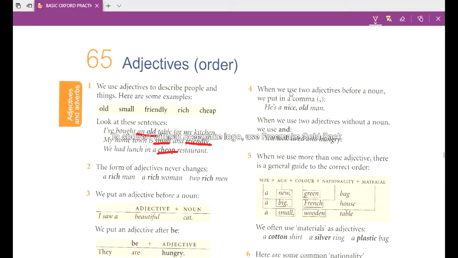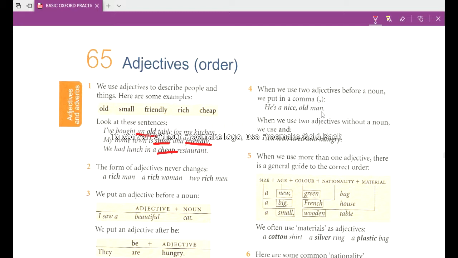When we use two adjectives before a noun, we put in a comma. We have to separate them with a comma. He is a nice, old man.